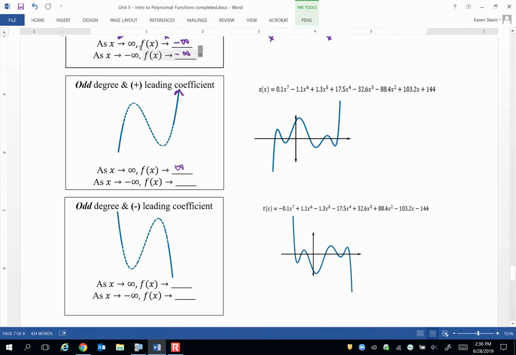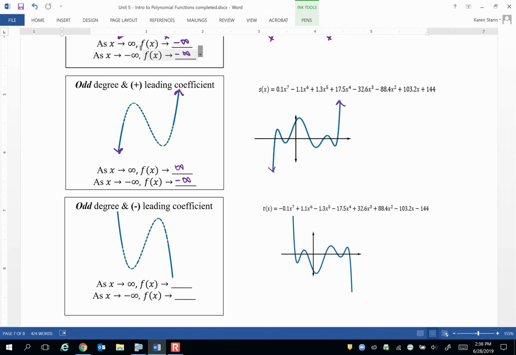As x approaches negative infinity, f of x approaches negative infinity. So the left end goes downwards. So s of x on the right is an odd degree of 7 with a leading coefficient of positive 0.1, and it shows that the end behavior is that of an odd degree and a positive leading coefficient end behavior.